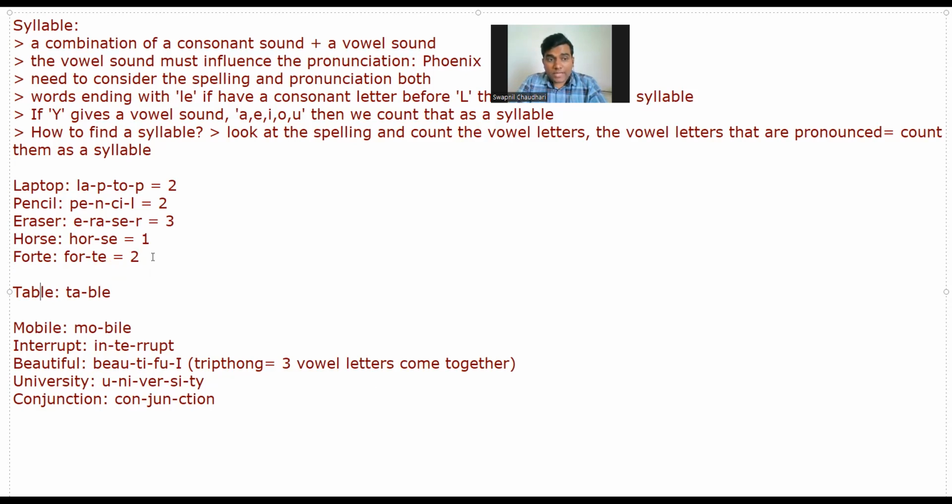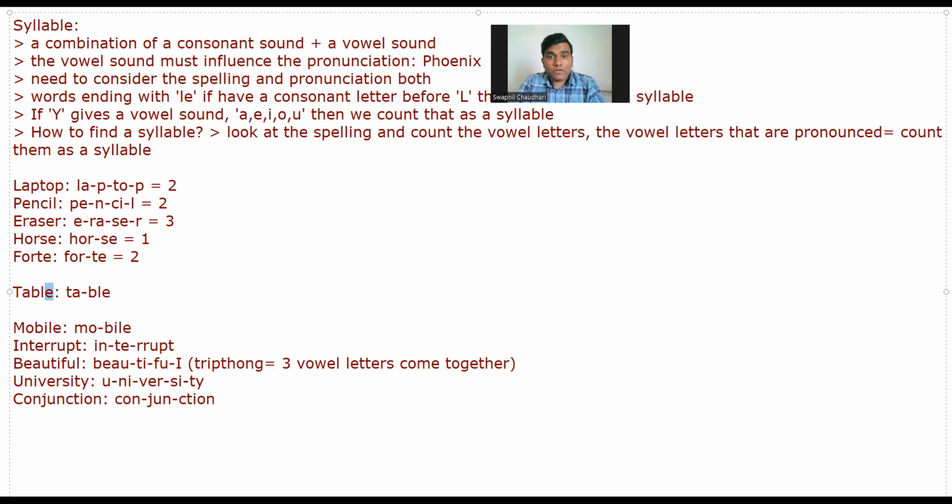But are they both pronounced? Table, table. So you see, this is giving me the sound of ta, and then bul, right? The E over here is silent.